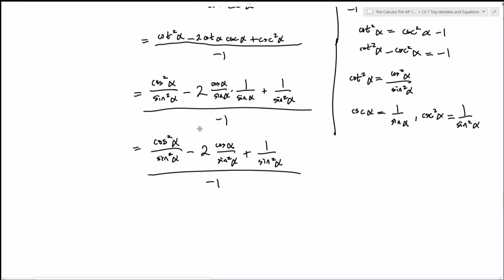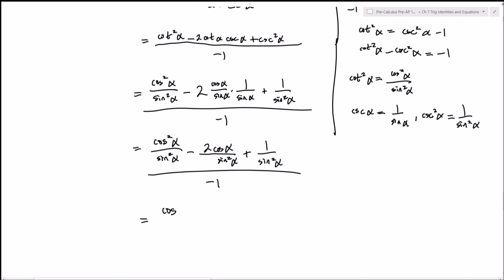The only thing that might be keeping you from thinking of all of these as fractions that I can combine is that 2 in the front, which I went ahead and erased. I'm going to extend this fraction, and you could write the 2 on top with the cosine alpha. So now I can think of these three fractions as having the same denominator, sine squared. They all have identical denominators, and I can go ahead and combine these.